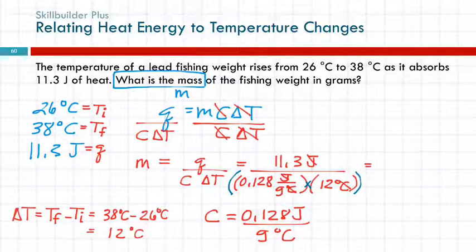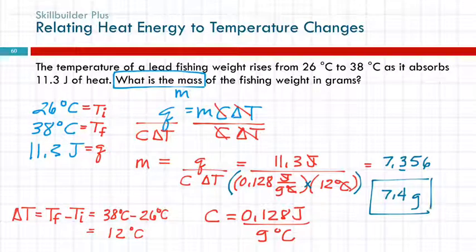So 11.3 divided by parentheses 0.128 times 12, close parentheses, equals. This is going to have two sig figs, 7.356, 7.4 grams. Any questions?